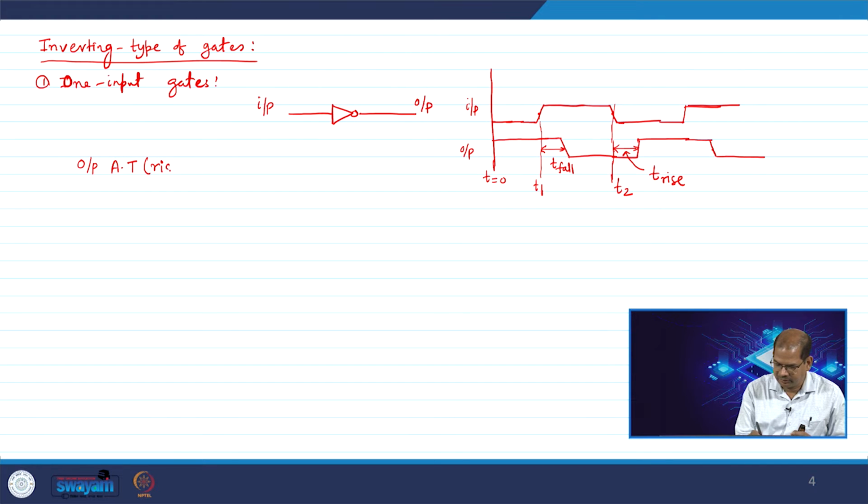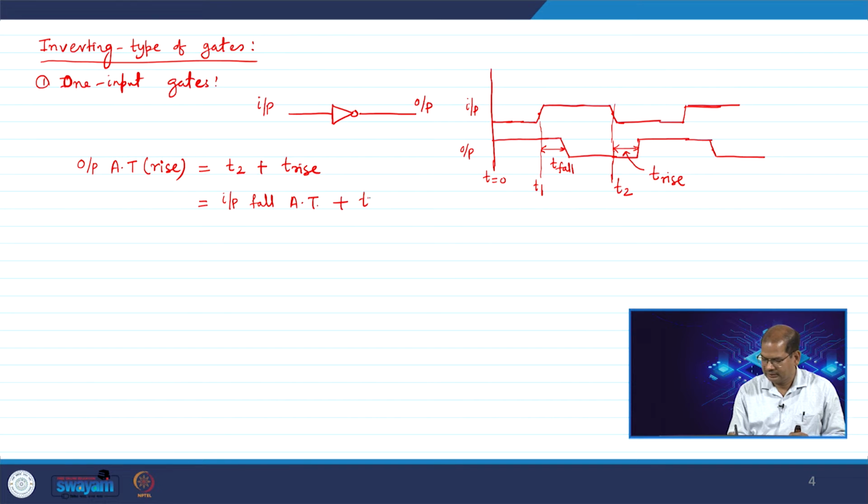I want to find the output rise arrival time, or output arrival time rise. In that case, I should take T2 plus T rise. What is T2 actually? It is the input fall arrival time plus T rise.